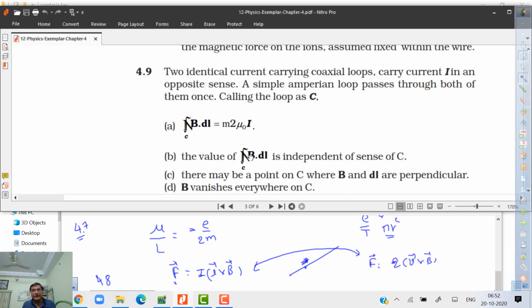Two identical current carrying coaxial loops carry current I in opposite senses.